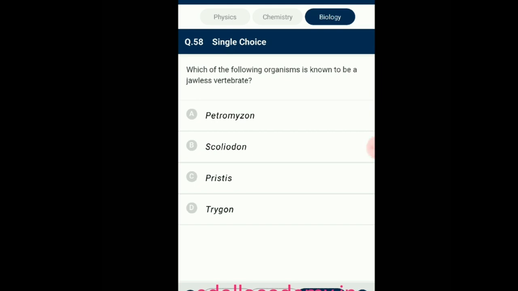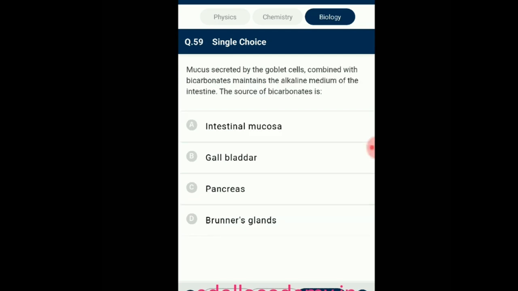Pristis is commonly called as sawfish, and Trygon is commonly called as stingray, belong to the class Chondrichthyes of phylum Chordata. So the answer for this question is option A, Petromyzon.